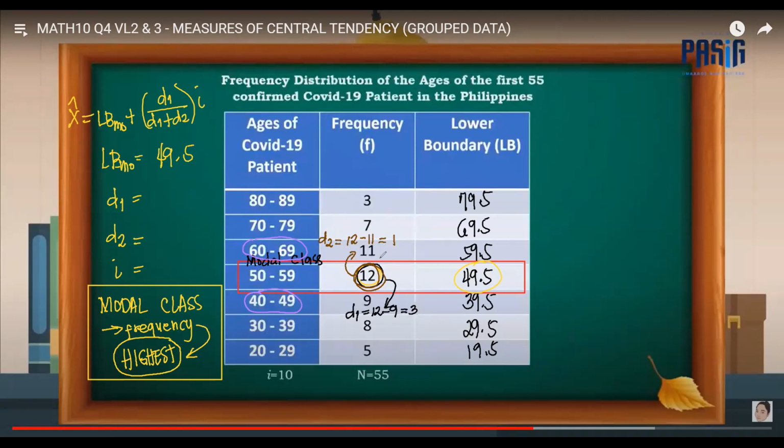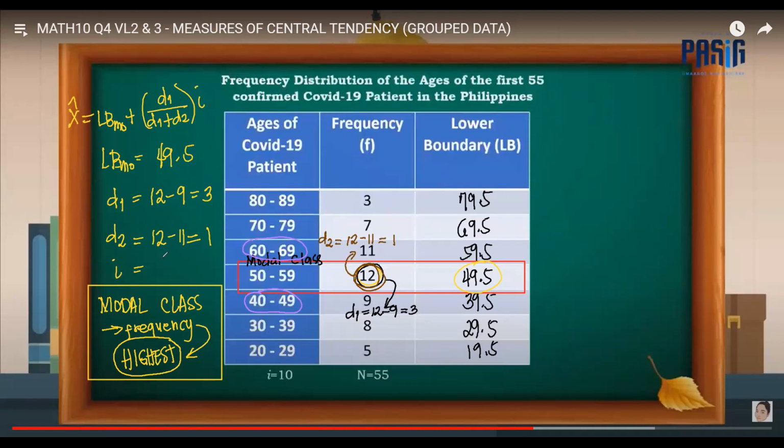Pag D sub 2, next upper. Okay? So, ano yung magiging solution natin for D sub 1? That is 12 minus 9, which is equal to 3. And yung D sub 2 natin is 12 minus 11 equals 1. Huwag po kayong malilito ha. Okay? And wala tayong magiging negative na answer dito kasi yung frequency natin ng modal class ay yung pinakamataas na frequency. So wala tayong magiging negative answer dito sa mga differences.